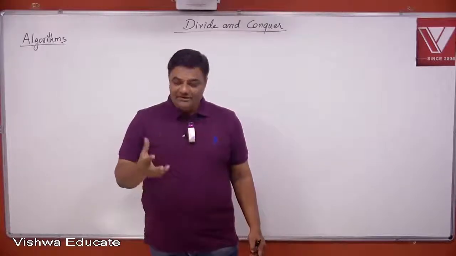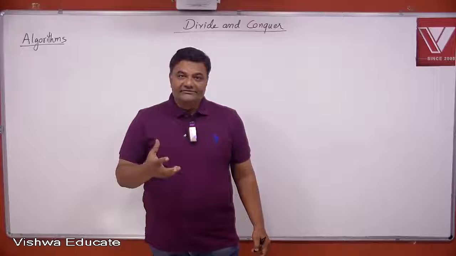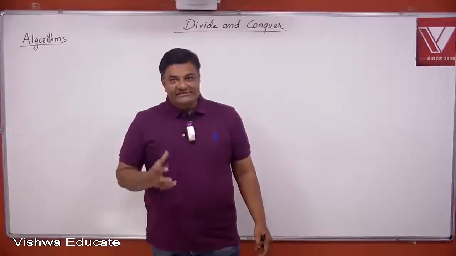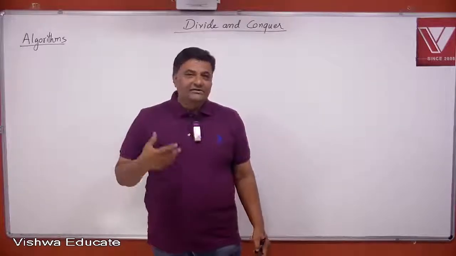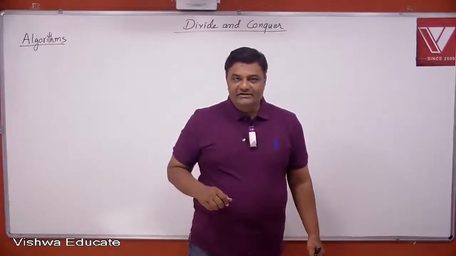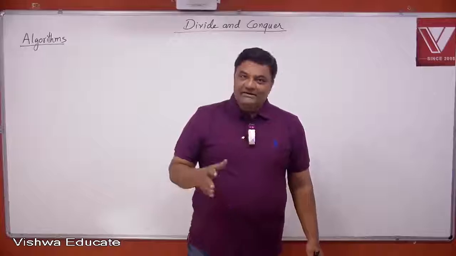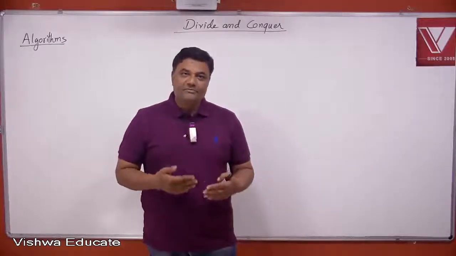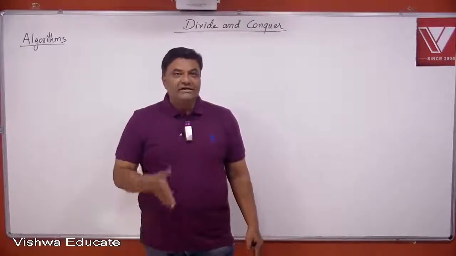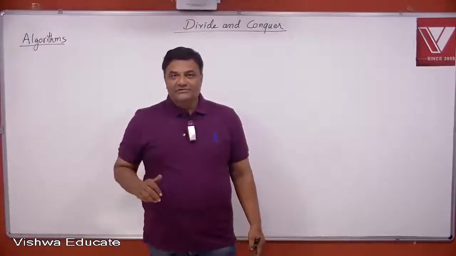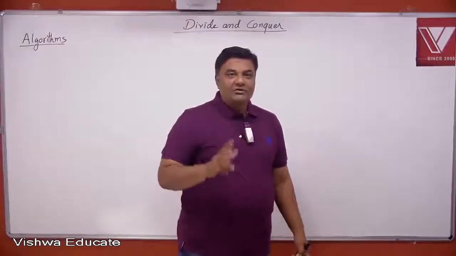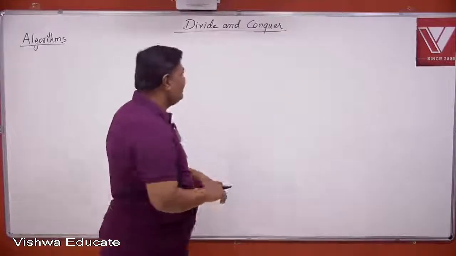So if you have any problem, you should know which strategy can solve it, and you can follow that strategy. First you should understand the strategy. Then once you practice a few problems under this strategy, you can solve the problems. So let us see what the strategy is.